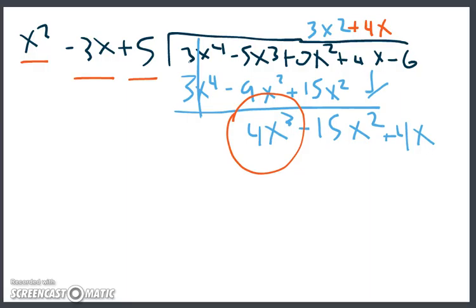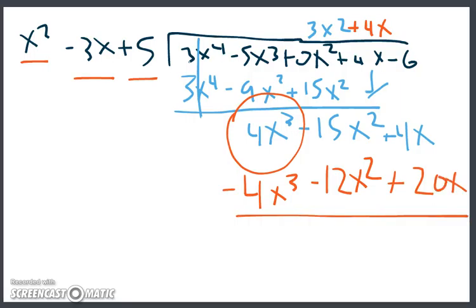So 4x times x squared will give you 4x cubed, and 4x times negative 3x will give you negative 12x to the second power, and 4x times 5 will give you 20x.